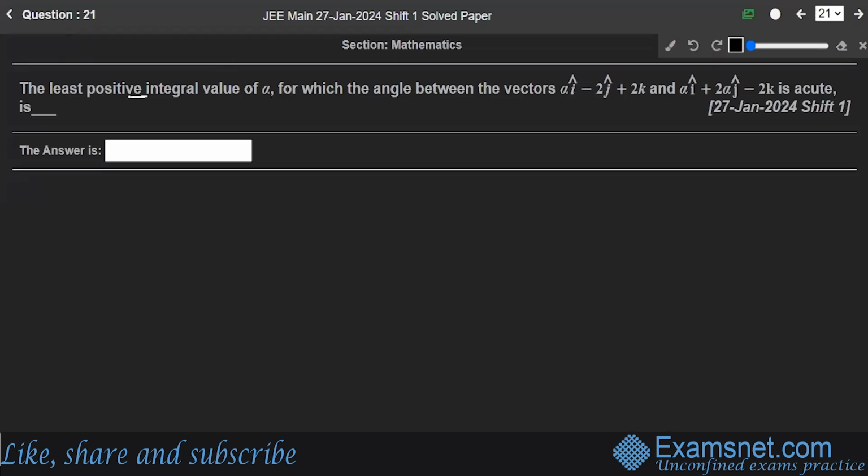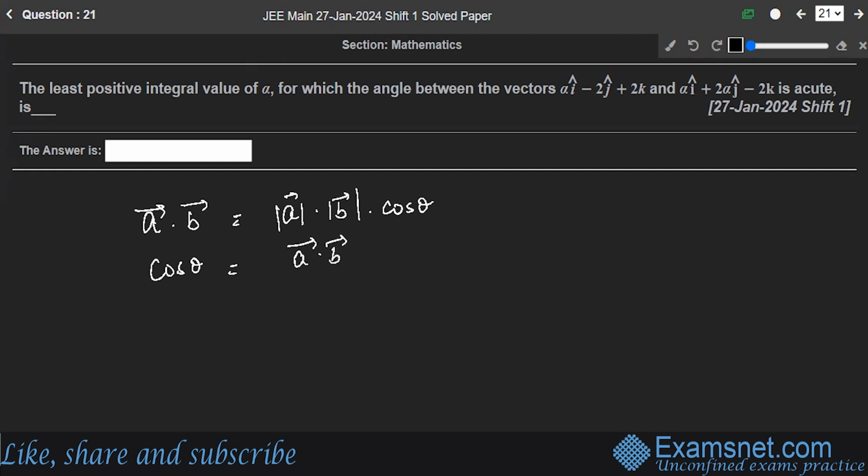Question number 21. The least positive integral value of alpha for which the angle between these two vectors is acute is what? First of all, when you have two vectors, let's say A and B, the dot product of the two vectors is equal to the product of their magnitudes multiplied by the cos of the angle between them. So cos theta will be equal to the dot product of the two vectors divided by their magnitudes. Here the two vectors are this and this.